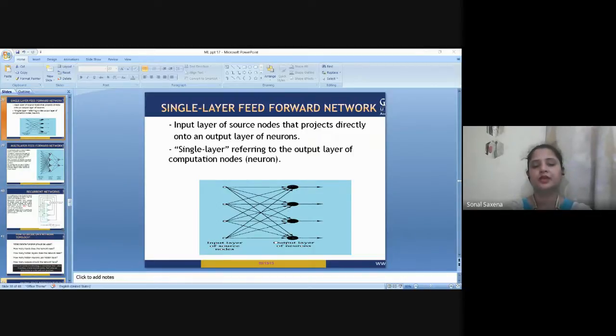So, this neural network is used in the power restoration systems in order to restore power in the shortest possible time. A third one is the multi-layer perceptron.